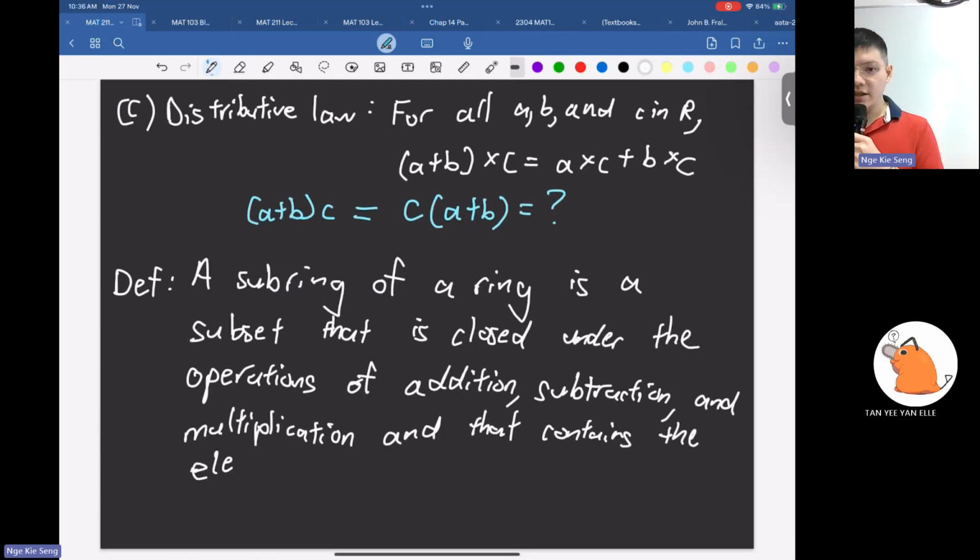So basically it's just a subset that satisfies all the ring properties.